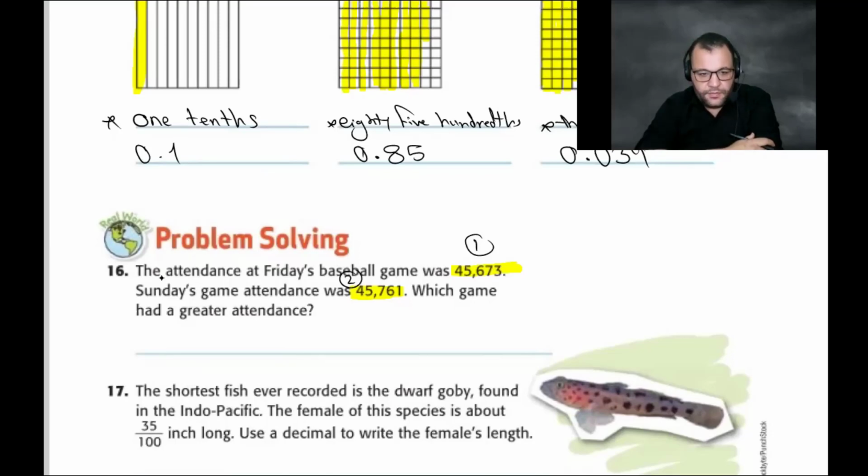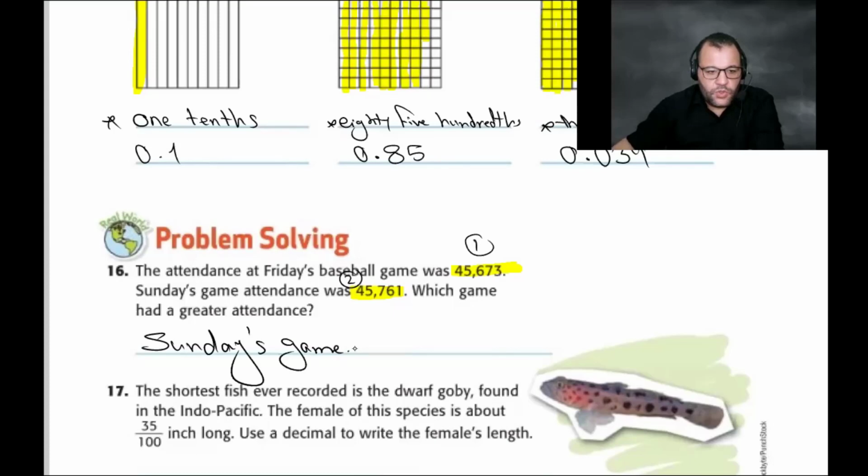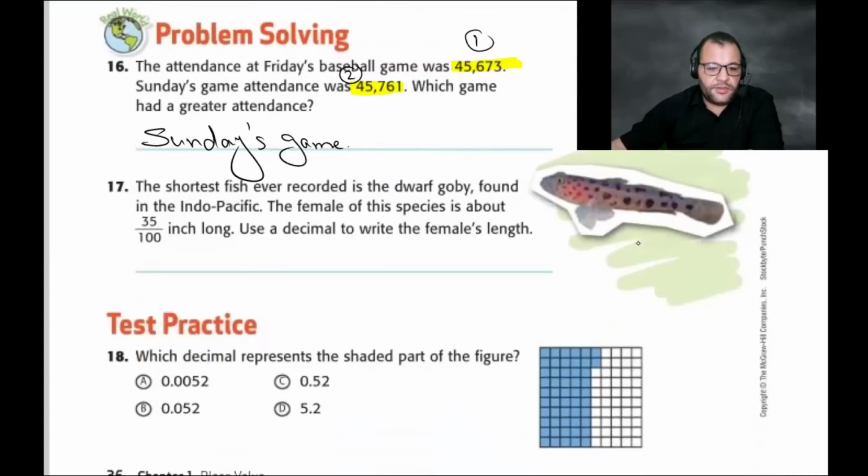Okay. 45,771. So which one is greater? Sunday. Okay, thanks. So question number 17.